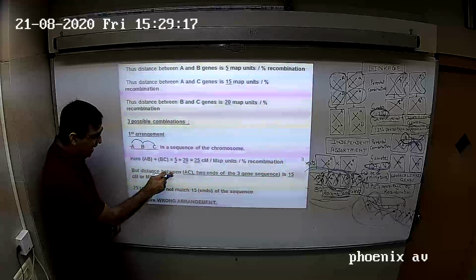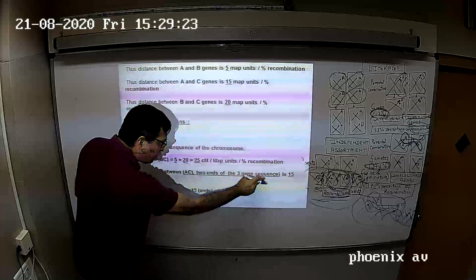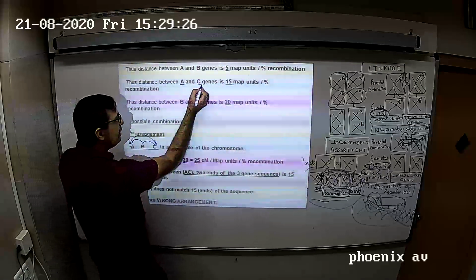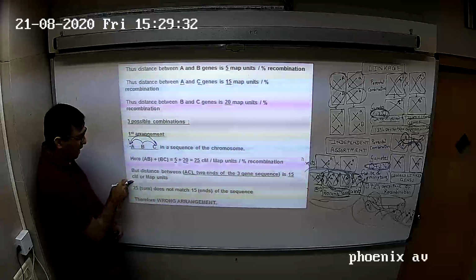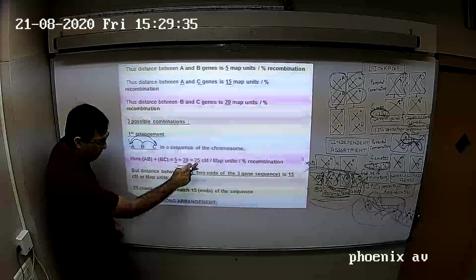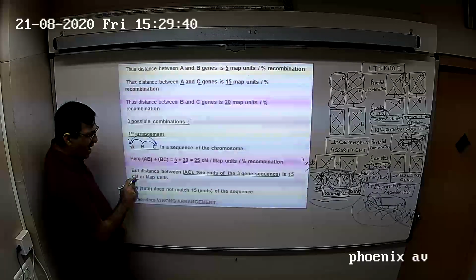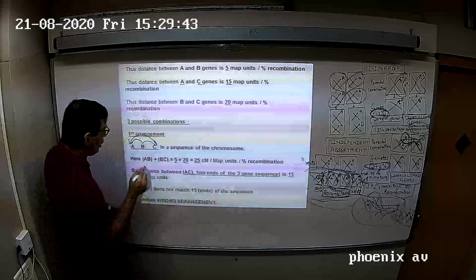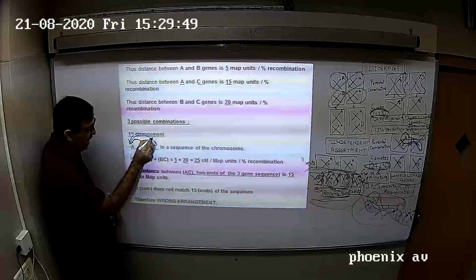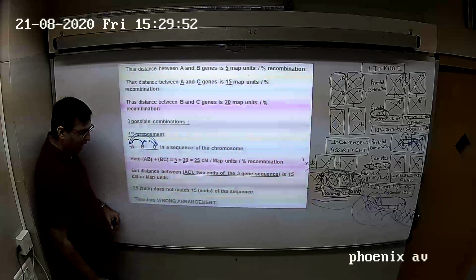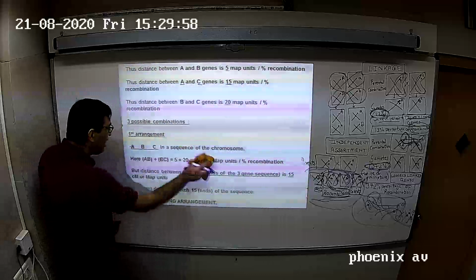But the distance between A and C, the two ends of the three genes, is 15 map units or centimorgan, and the sum 25 does not match 15. This is 25 and this is 15, so it does not match. Therefore it is a wrong combination.